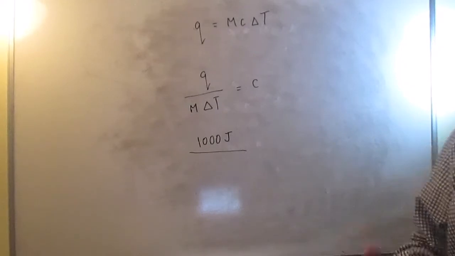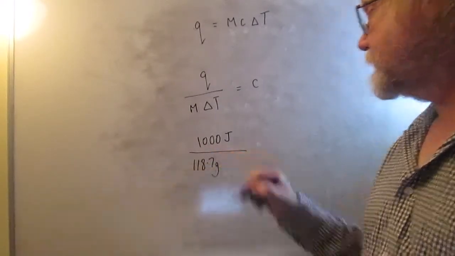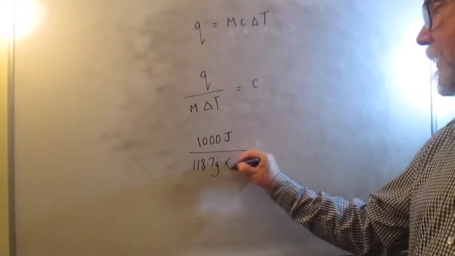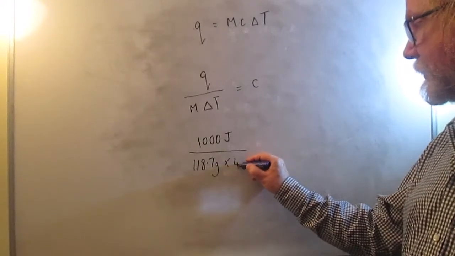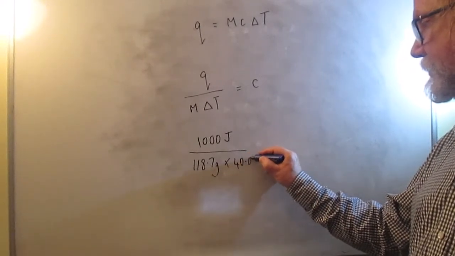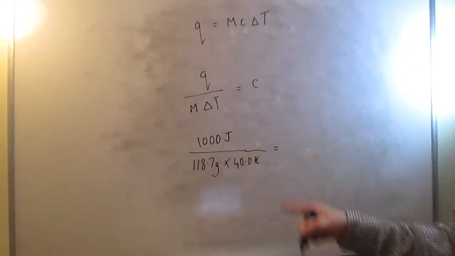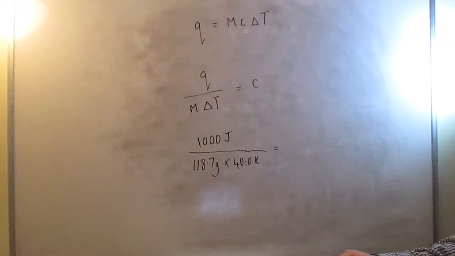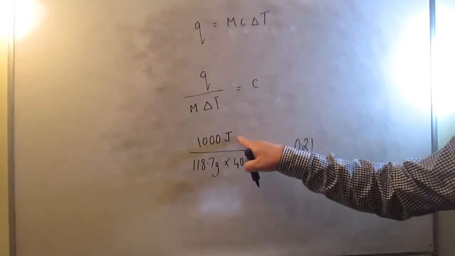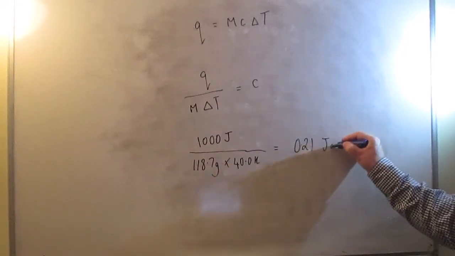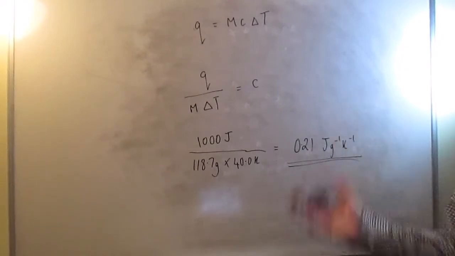So you look up the AR and it's 118.7, so that means we have 118.7 grams of tin. And delta T is the temperature change, which is 40.0 degrees C. Remember, that's the same size of change in Kelvin, so that's 40.0 Kelvin. And so if you multiply those out, you get 0.21 is the numerical answer, and the units are joules per gram per Kelvin, which is what they needed to be. So that's the right answer, which was C.